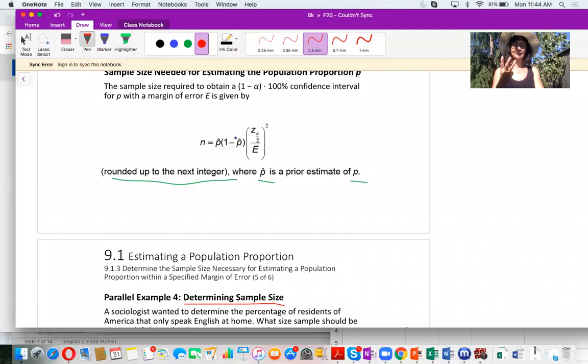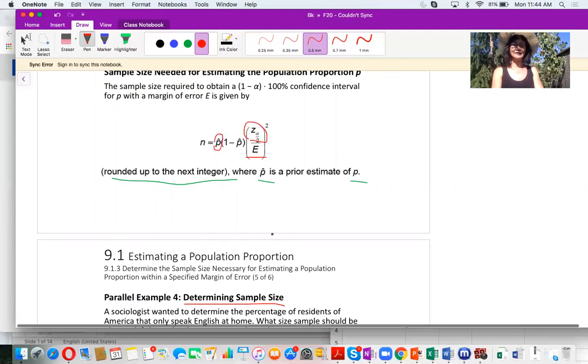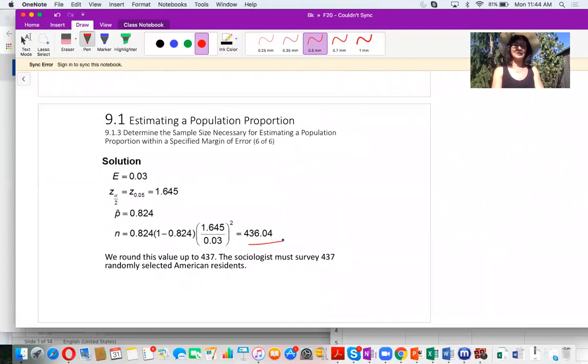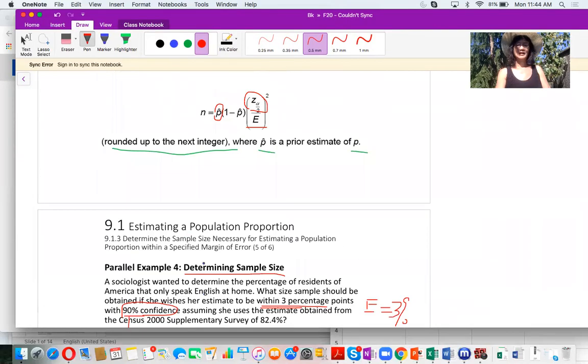This formula needs 3 items, E, Z half alpha, P hat, and you can calculate the sample size. And when you get a decimal place for sample size, always round up regardless.